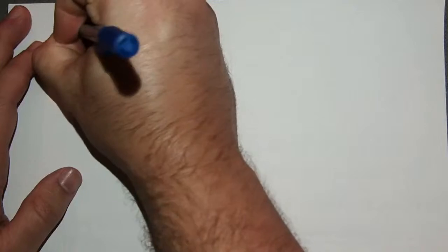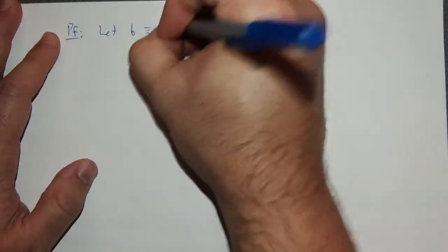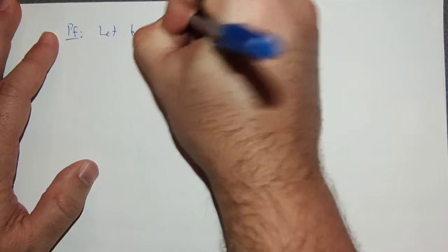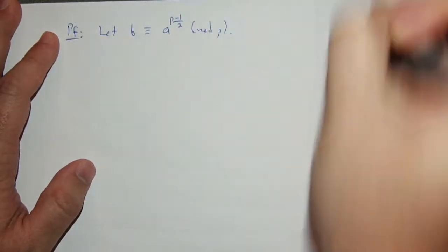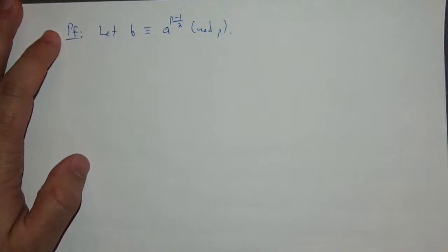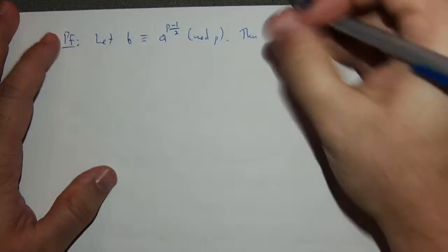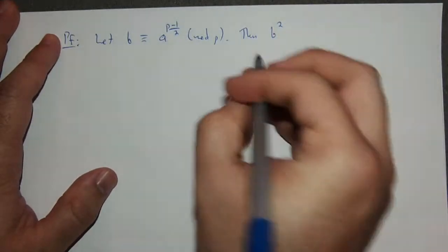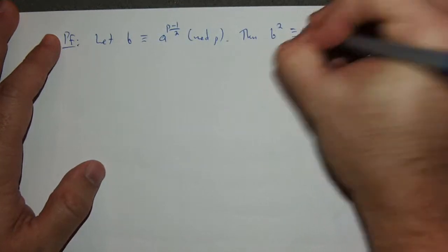So, proof. Let B be congruent to A to the P minus 1 over 2 mod P. Then B squared is A to the P minus 1, right?